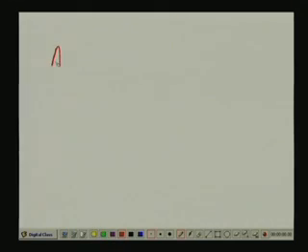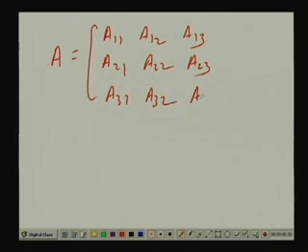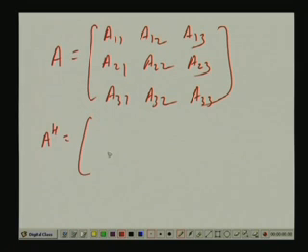Then suppose you take A11, A12, A13, A21, A22, A23, A31, A32, A33. And what is A Hermitian? Transposition will not change the diagonal elements, 1 1 remains in 1 1, only thing is they get conjugated.